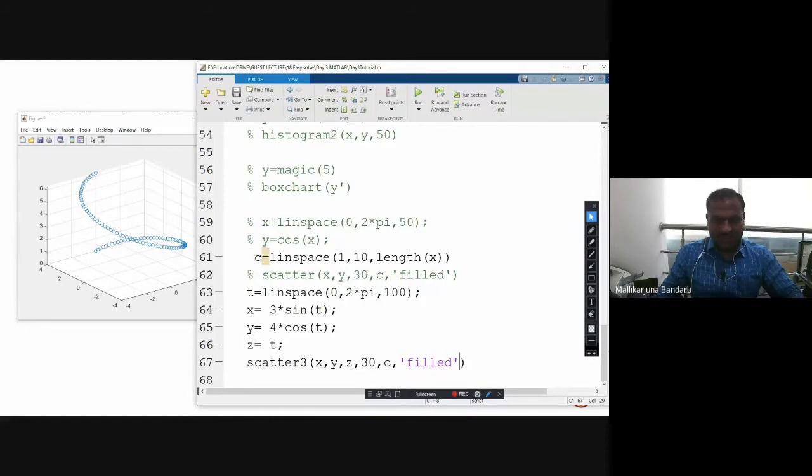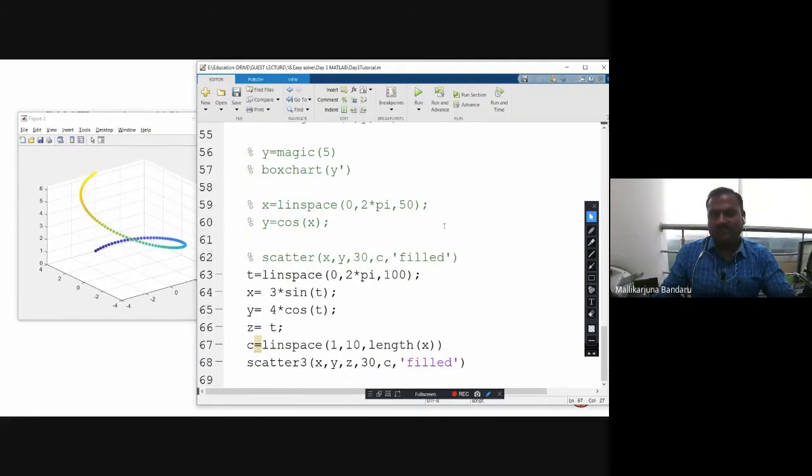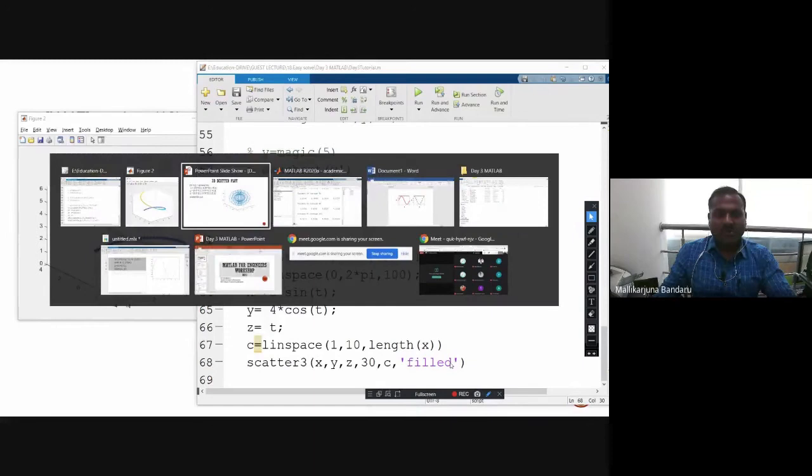Maybe this is the length of z, I think. See here. Right, so this is how you draw the scatter plot.